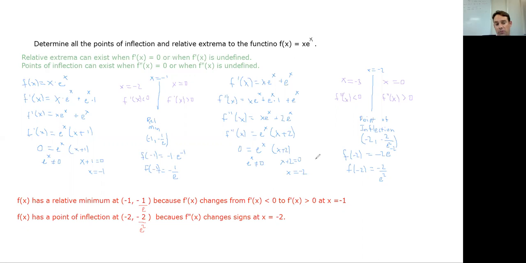And then f of x has a point of inflection at -2, comma -2 over e squared, because the second derivative changes signs at x equals -2. Said what we're going to do, we did the work, and when we're done, we say what we find.